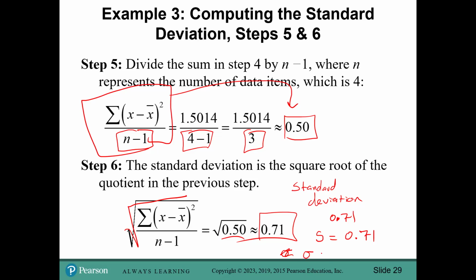It's the Greek letter for an S. This corresponds to a population standard deviation, where S is the standard deviation of a sample. The difference meaning I would have to have evaluated every gas price everywhere in order to call it a population, right?